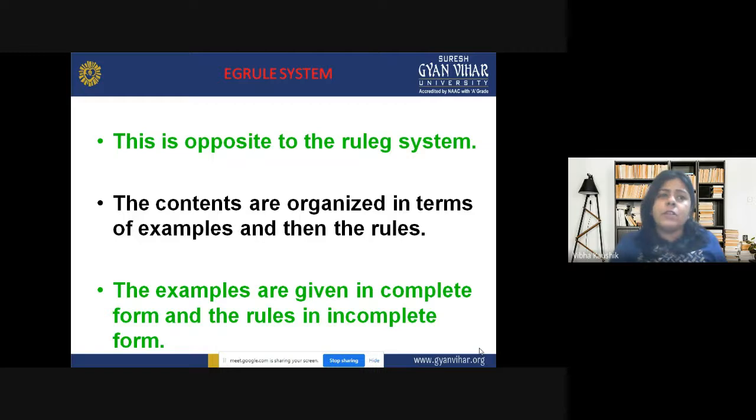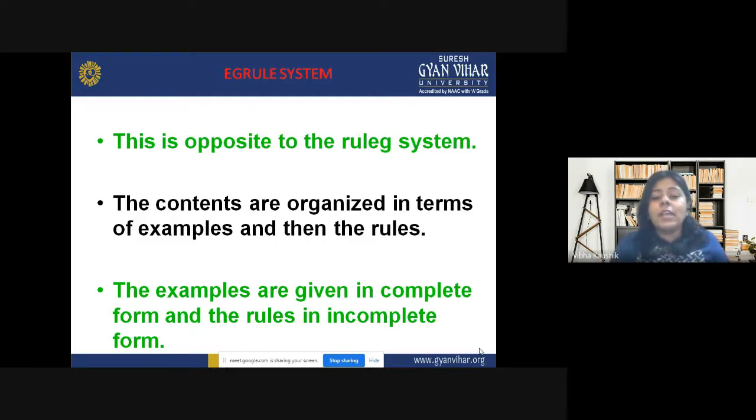First, he will present numerous examples in front of the learner related to that particular concept, and then, after the presentation of those examples, he will present the rules, the rules related to those content or topic which he is going to teach to the learner.